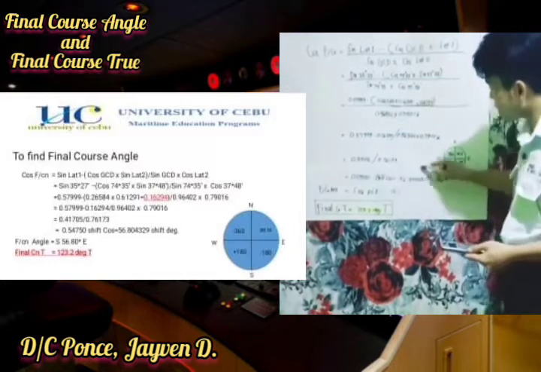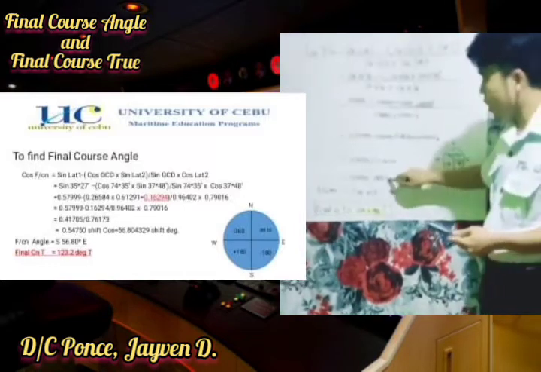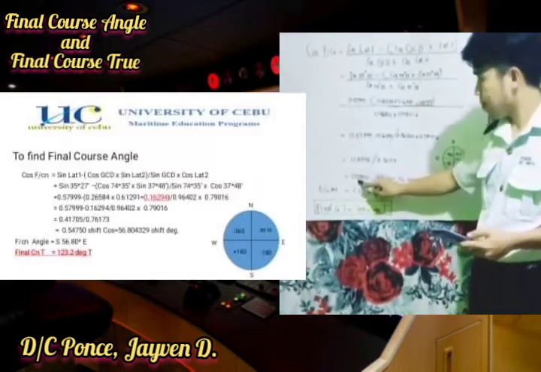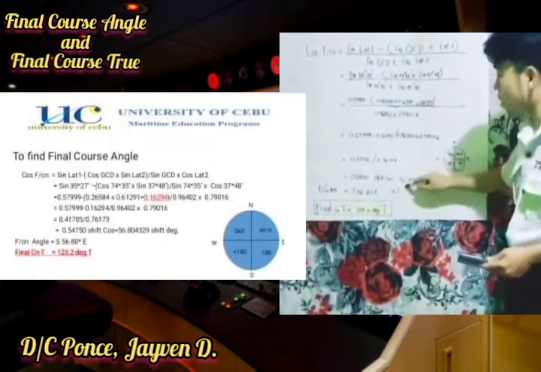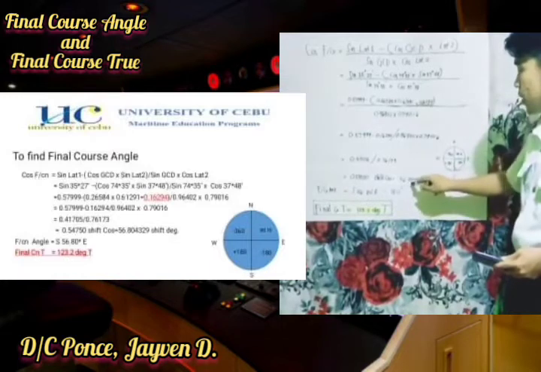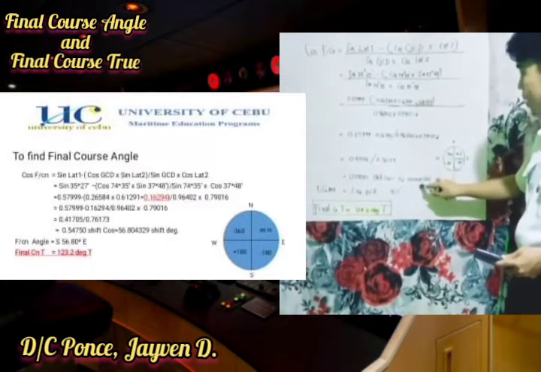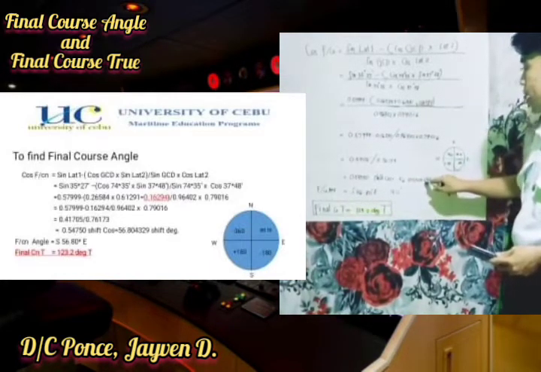The answer is 0.54750. To get the angle, we shift cosine of 0.54750, which gives 56.804329.